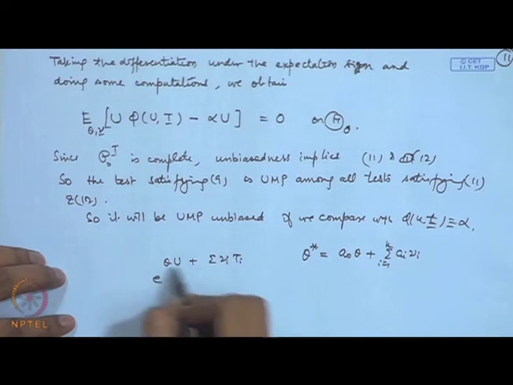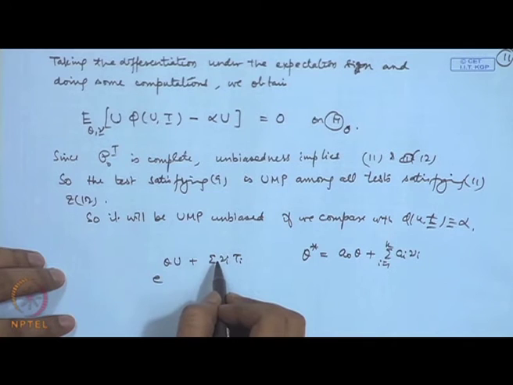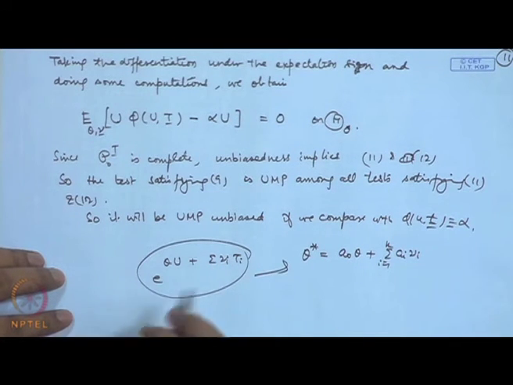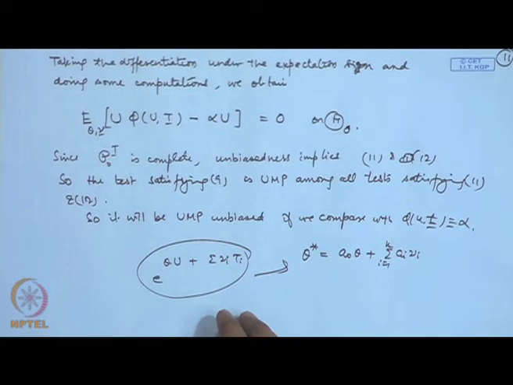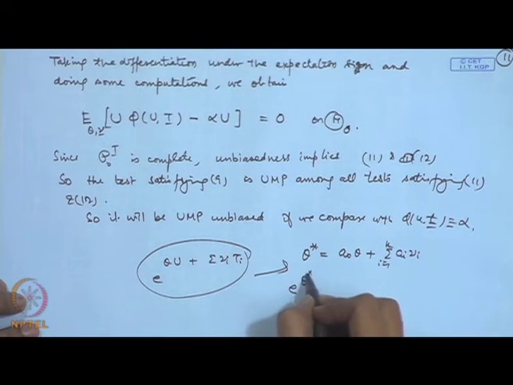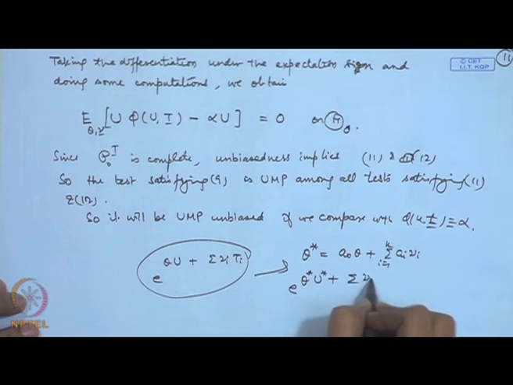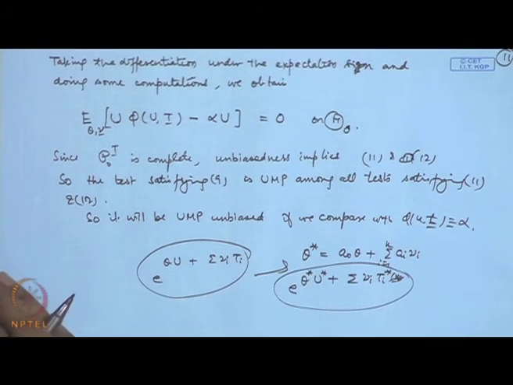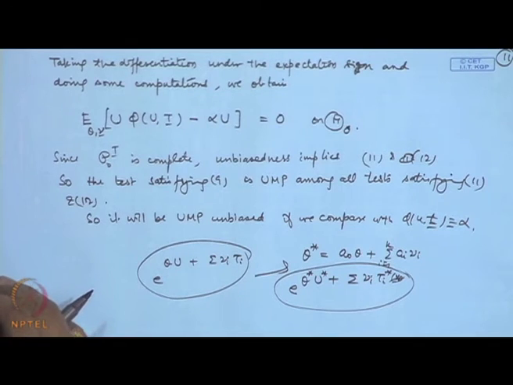So, what we can do? We can do a little bit of readjustment of the coefficients. The form of the distribution will still remain the same. This will only be an exponential family in a slightly different form. We may actually write it as e to the power theta star u star plus sigma nu I t I star. So, all these things will get a little bit modified. However, it remains in the k plus 1 parameter exponential family.